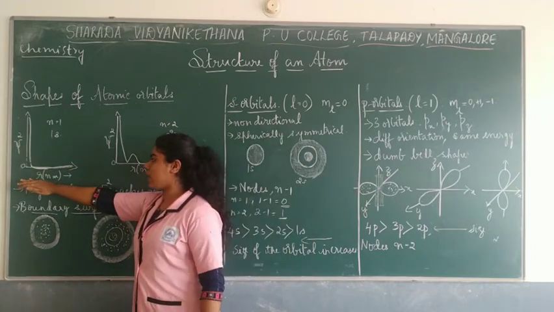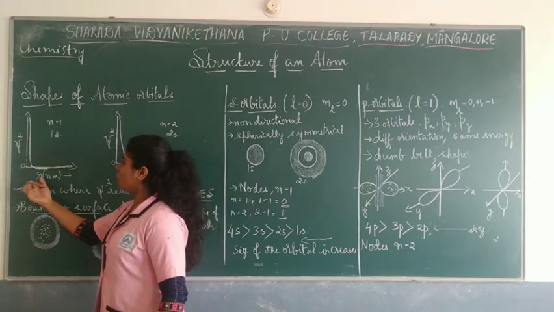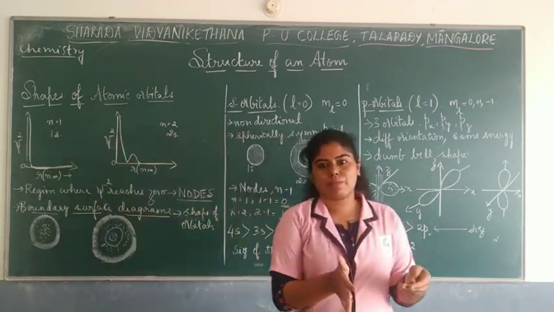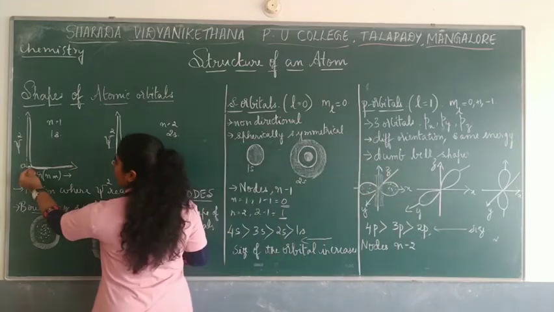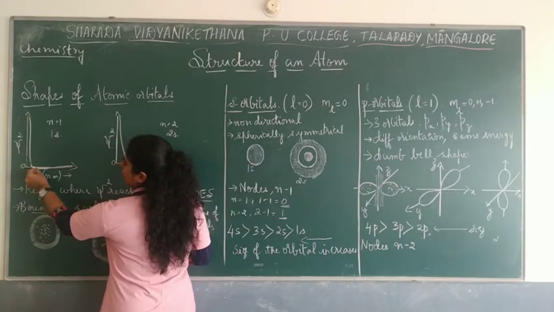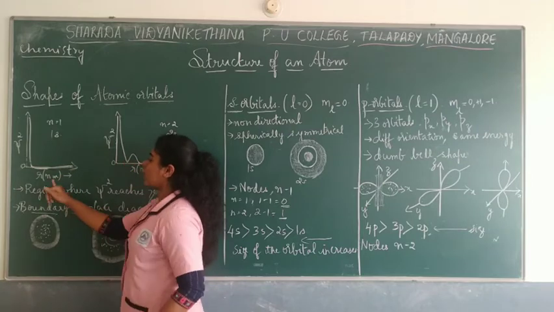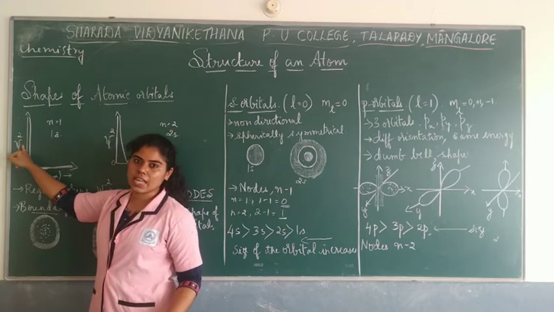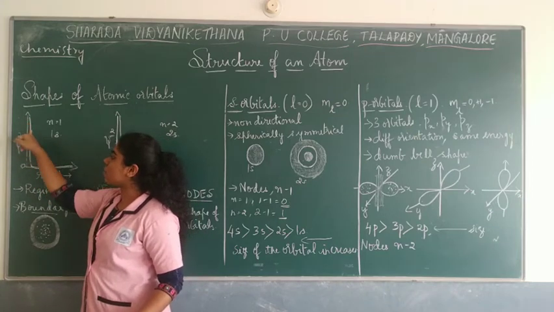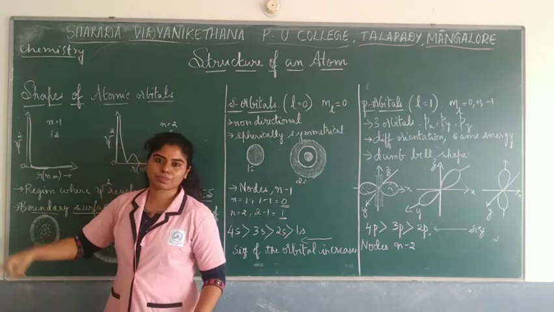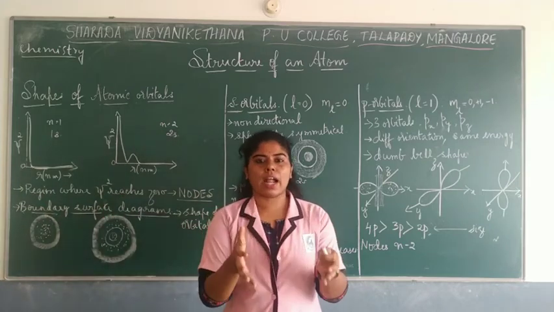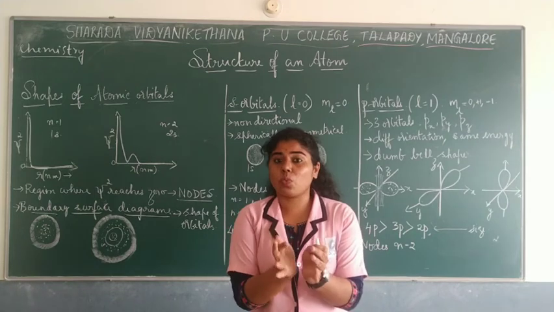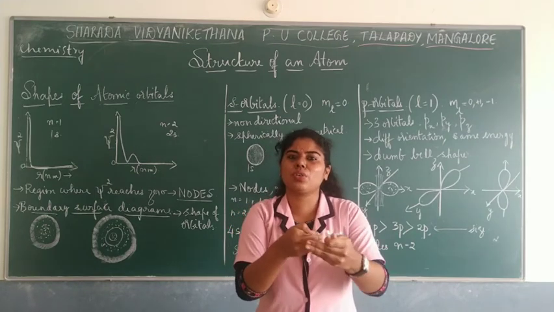Now you see in the graph for the 1s orbital, the 0 indicates that it is near the nucleus, and the radius starts from 0 and then increases. So what exactly happened here? The probability of finding an electron, which is psi square, was maximum at 0 for the 1s orbital. You can imagine that in an atom, if you have to find an electron in the 1s orbital, it is closer to the nucleus, right?